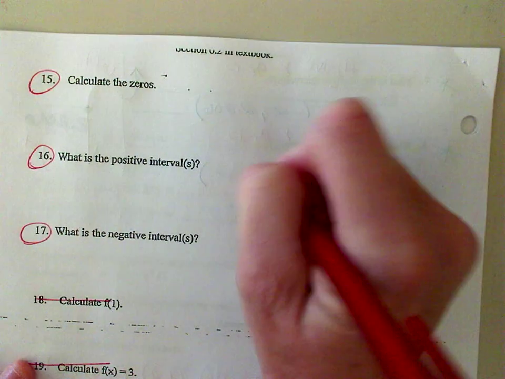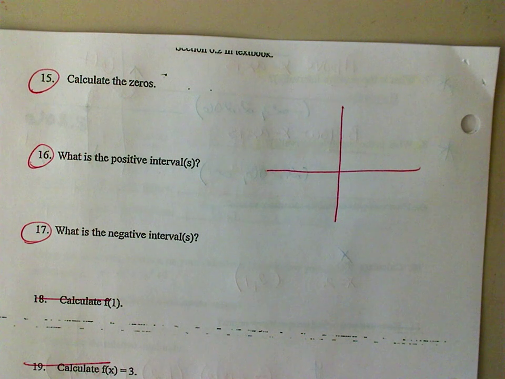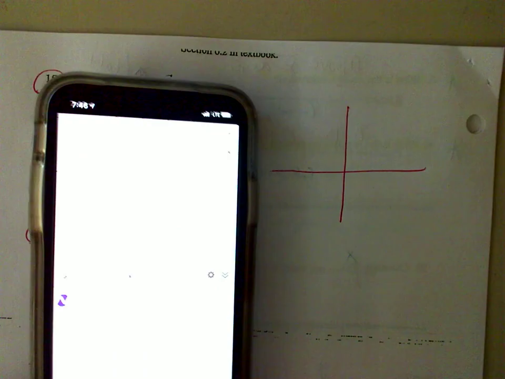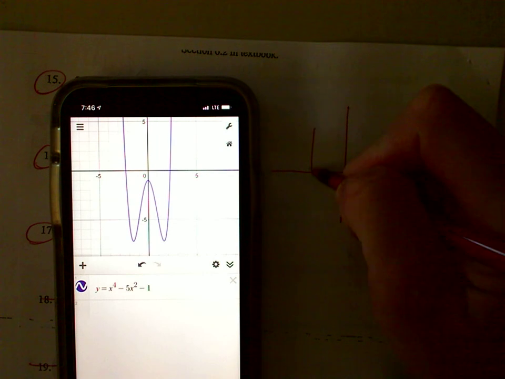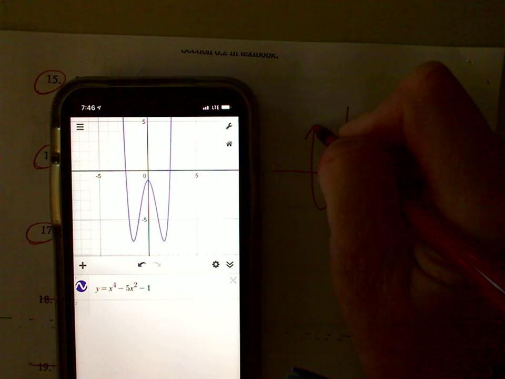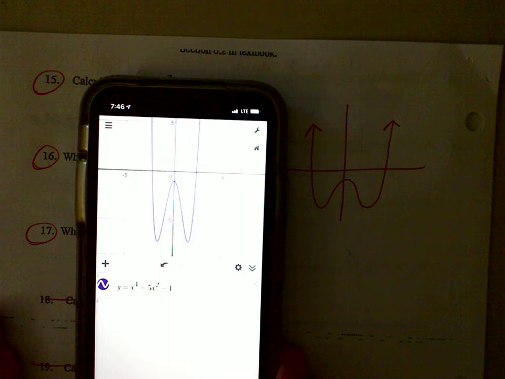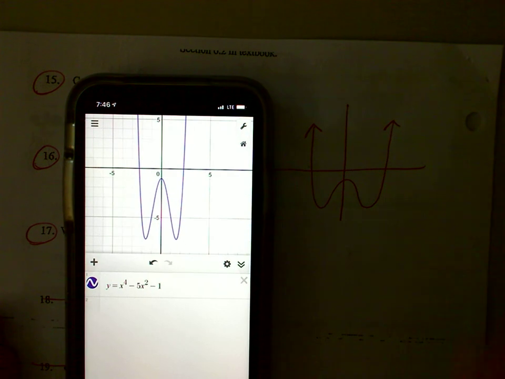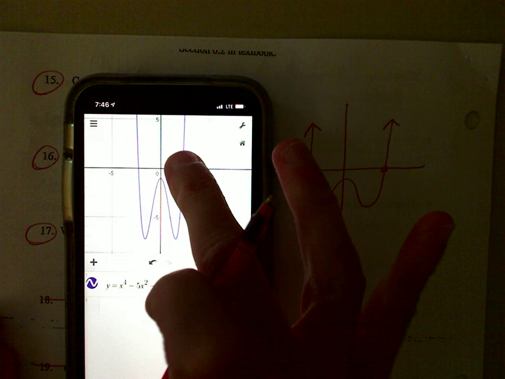Let me sketch again what I had here. Let's see, it looks like that. So it looks like my graph has 2 zeros. It has one here and it has one here. So first I want to find those.